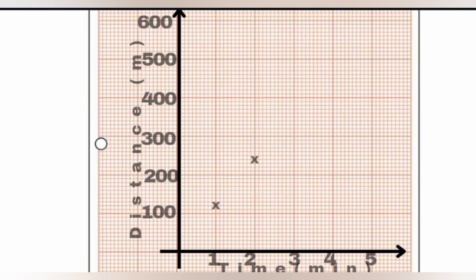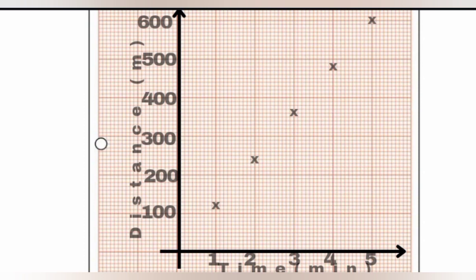If you do that correctly, you trace the line, you will have it at this third point. And for 4 minutes and 480 meters, you will have it at this fourth point. And for the last one, 5 minutes, 600 meters, you have it at this fifth point. So this is how you make the points using the coordinates from the table of values.